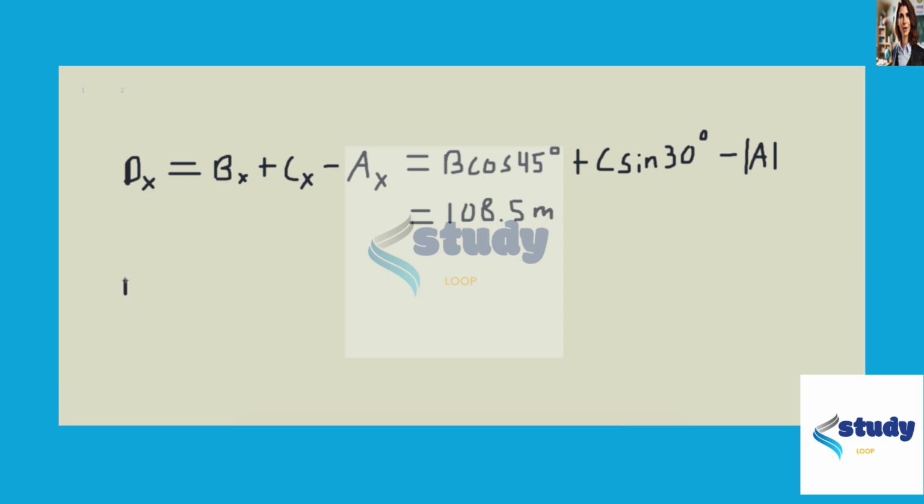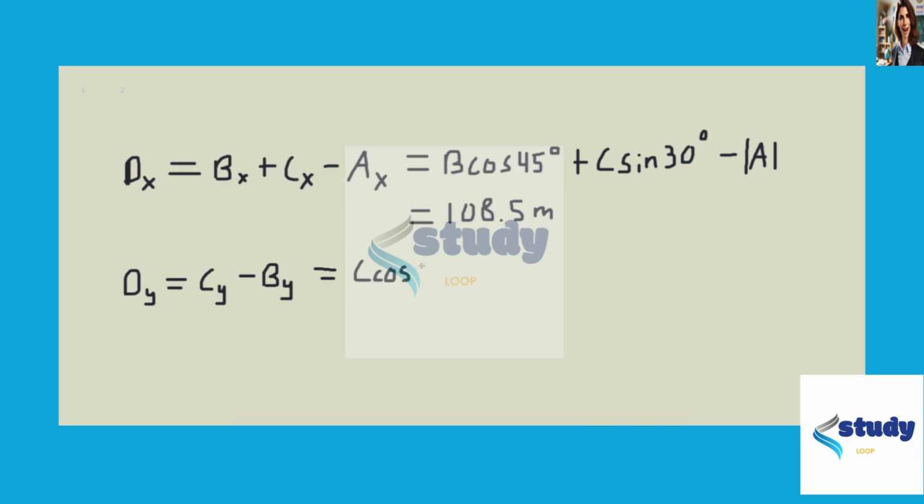Now, same type of thing for D of y. D of y is going to be equal to C of y, because that acts in the positive y direction, minus B of y, because B acts in the negative y direction, and A has 0 y components, so we can ignore that. So C of y then is going to be C times the cosine of that angle, since x was C times the sine of that angle.